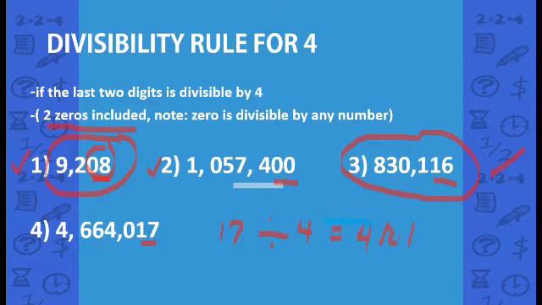So, ibig sabihin, hindi buo o hindi exact ang nakuha nating sagot dahil meron siyang remainder. So, ibig sabihin, ang 17 ay hindi divisible by 4. And so, 4,664,017 is also not divisible by 4.